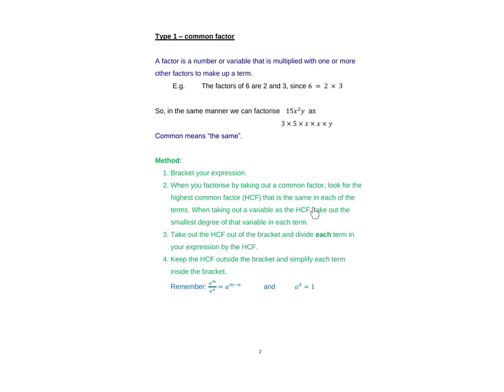In other words, a factor that is the same in each of your terms. And then you basically, when you are taking out the highest common factor, you are dividing each of the terms by the highest common factor in the expression. And then you keep the highest common factor outside the bracket to show that it's a common factor, and you simplify each term inside the bracket.